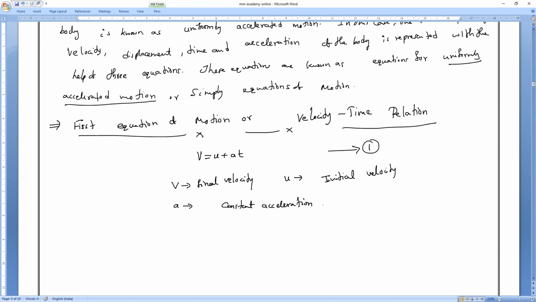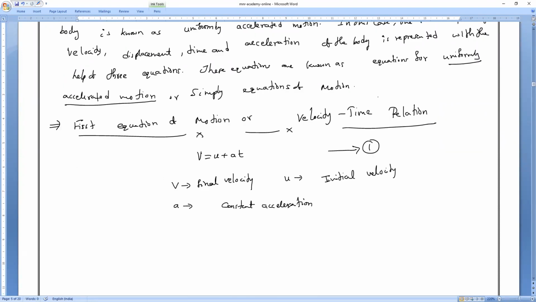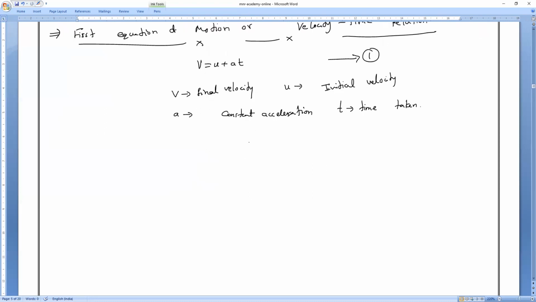Because the body is moving with constant acceleration. T means time taken. So what is the first equation of motion? V equals U plus AT.